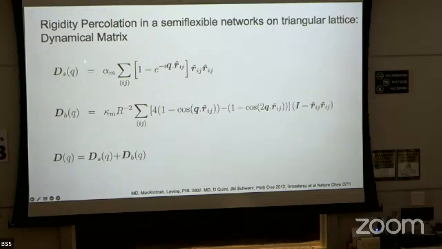But in addition to the contribution coming from the spring energy or stretching energy, there is also going to be a contribution coming from bending energy. And this is what that is going to look like. Once again, we take the second order derivatives of the energy, and then go into k-space and so on. The overall dynamical matrix is the sum of these two contributions, one from stretching, one from bending.